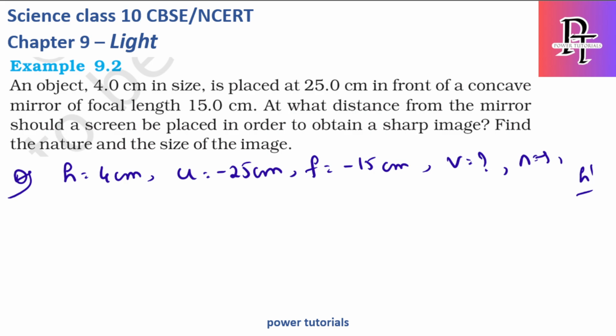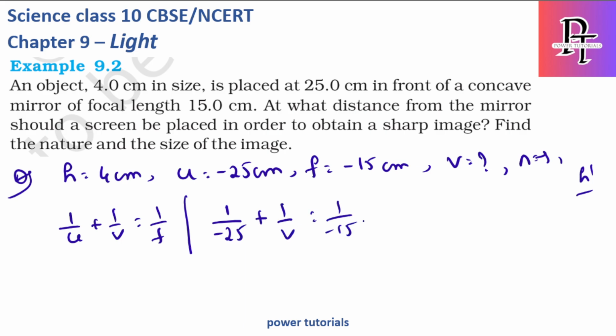For a concave mirror or convex mirror, the mirror formula is the same, which is 1 by u plus 1 by v is equal to 1 by f. Substituting the values, 1 by minus 25 plus 1 by v is equal to 1 by minus 15. So 1 by v now becomes 1 by 25 minus 1 by 15.